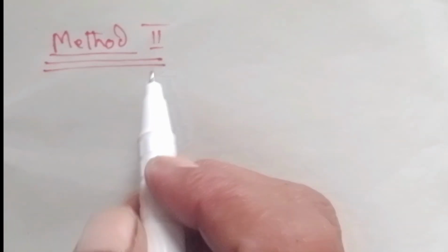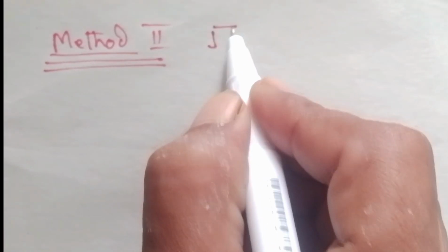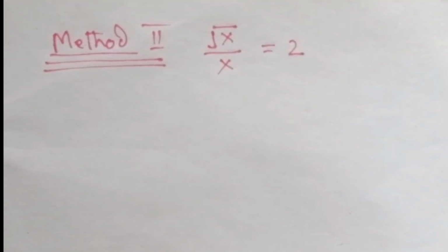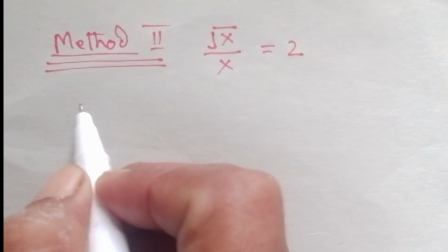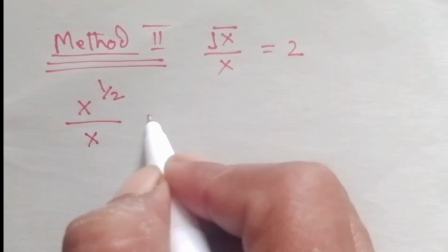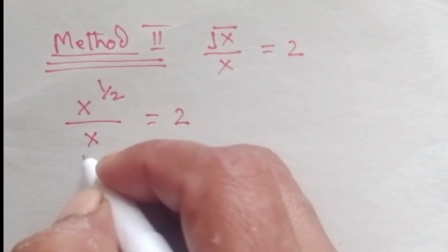Now method 2. The question is given: square root of x over x is equal to 2. Now square root of x we can write as x to the power 1 over 2, over x, is equal to 2.